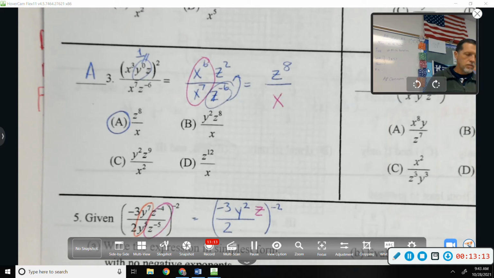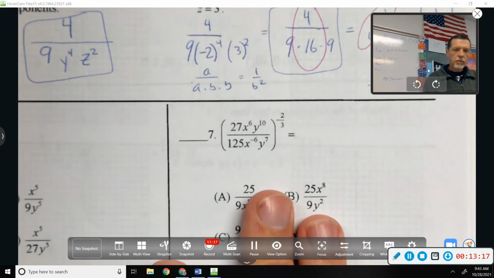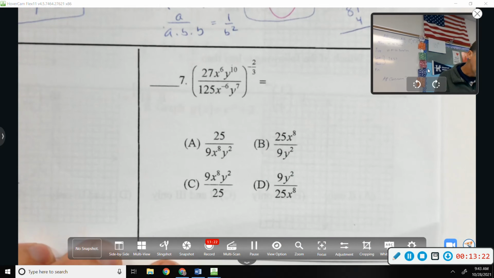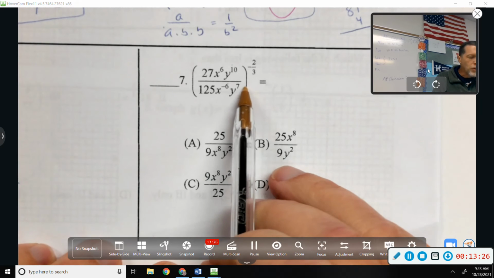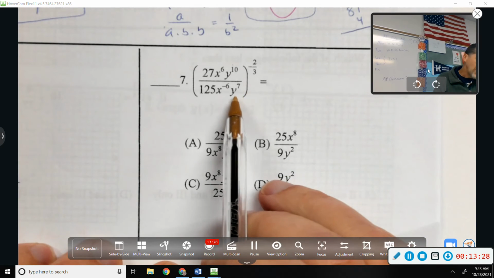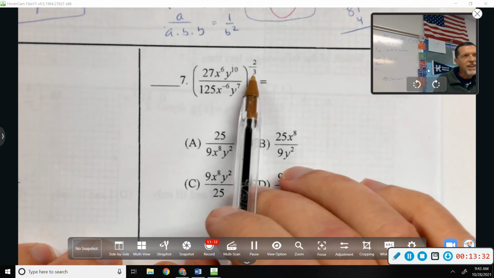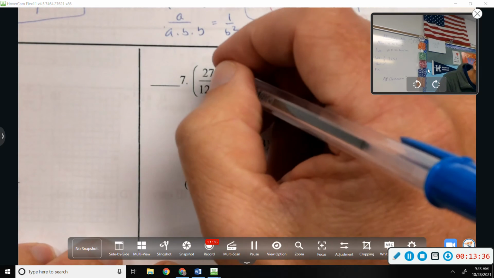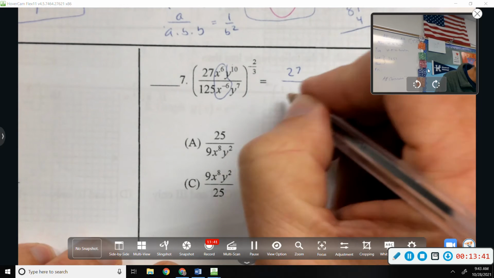Did you do number 7 on worksheet 1? Sure. Number 7, worksheet 1, negative 2/3. Yuck. When there's so many steps, you have multiple ways to get there. So I think I would clean up the insides first as best I can, and then stick the negative 2/3 on there. So I can't do anything with the 27 over 125.